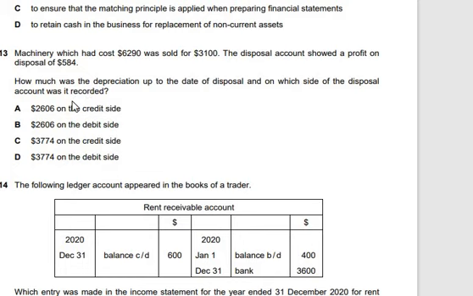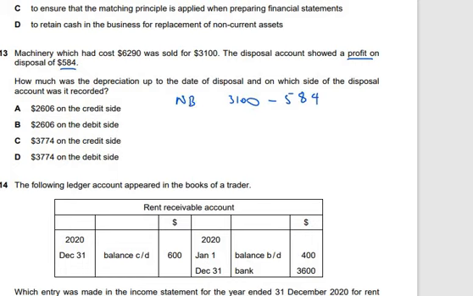So here we have the cost of 6,290, which was sold at 3,100. If we take the selling price, which is 3,100, and there was a profit of 584, if we take the selling price minus the profit, we'll know the net book value.